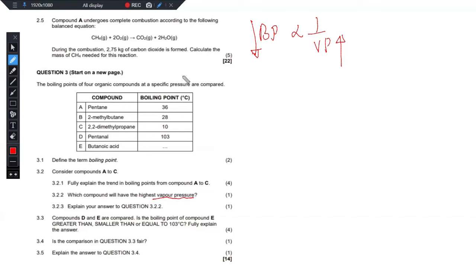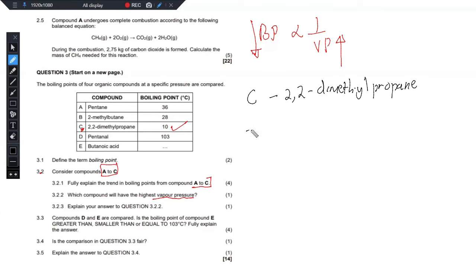So in other words, from the table here, what we are looking for is the one with a lower boiling point, but then this is between A to C, right? Remember 3.2 says consider only compounds A to C. So that would have to be what? Lower boiling point is 10. So this is compound C. You can say it's compound C, or you can just say it's 2,2-dimethylpropane.